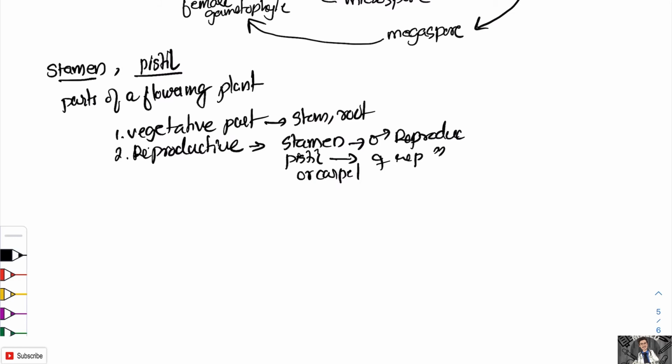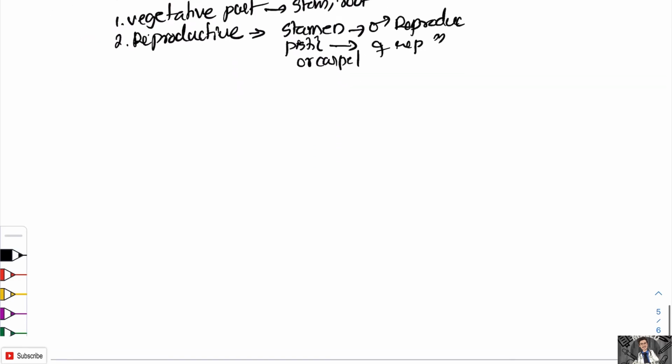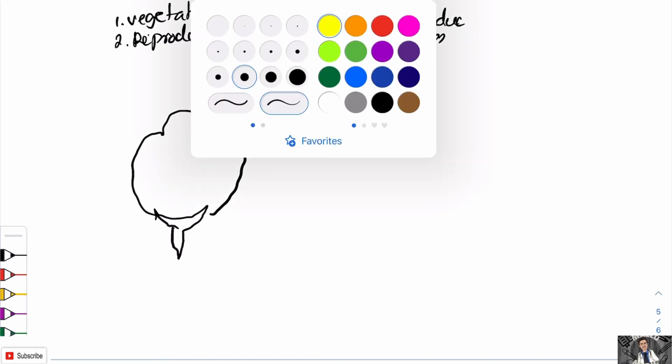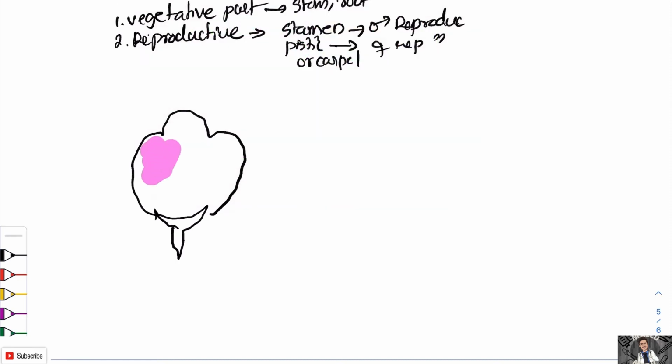Okay, fine. Now, let's have an illustration of a flower. All right, now let us give it a shade so that it will be better for you to discriminate between the sepals and the petals.